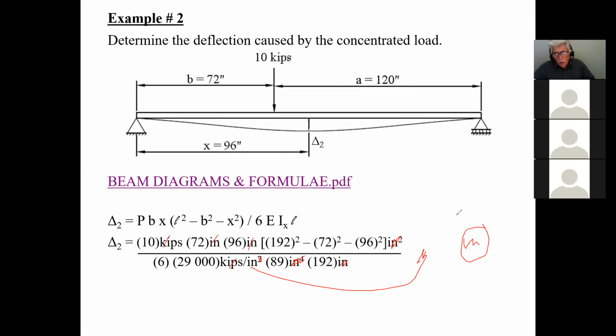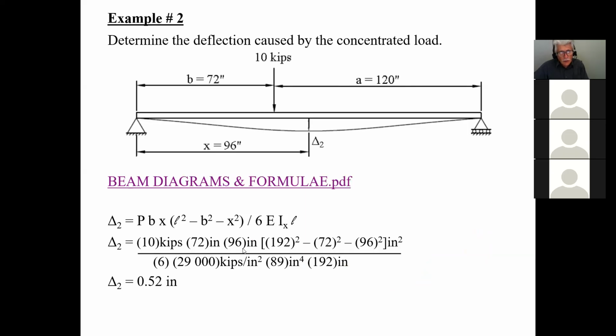Great, so I know all my units work out. In other words, inches squared gives me inches to the fourth, and that will cancel that. This kips per inch squared cancels this inch. What's below in the denominator goes up to the numerator, and therefore all my units work out. Fantastic, we're good to go, and now I'm ready to do the calculation.